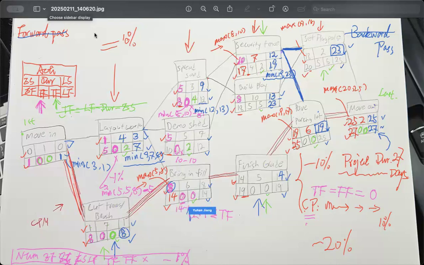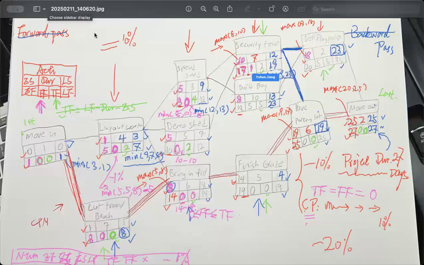Here is 14 minus 14. So you're looking for the next one here. That will be 18 and 19, minus 17 here. You'll get a 1 here.